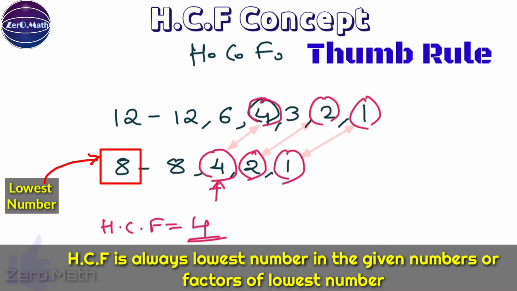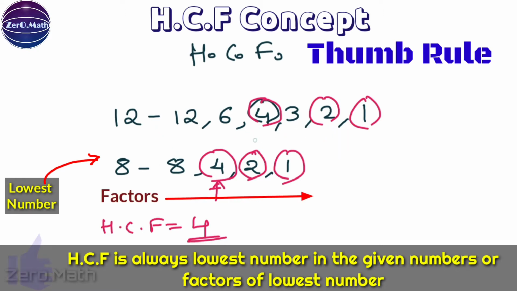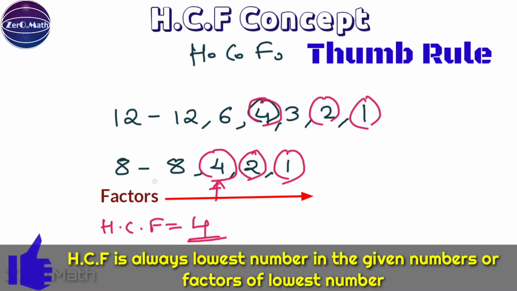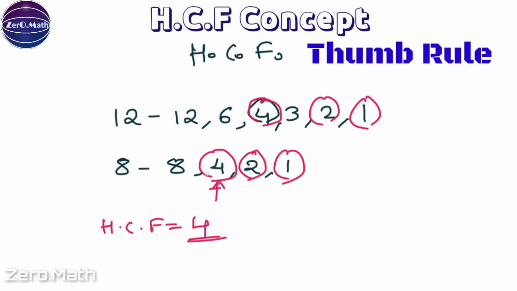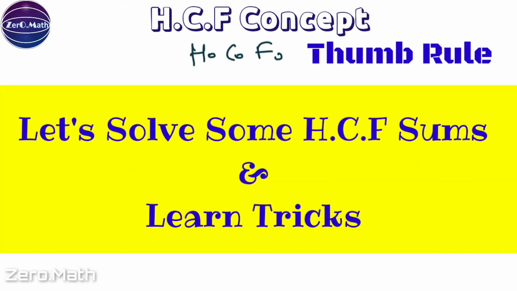So the factor of the lowest number, that is 8, has to be either 8 or less than 8. Hence, the HCF of 12 and 8 has to be either 8 or less than 8. In this case, it is 4. I hope this concept is clear to you.